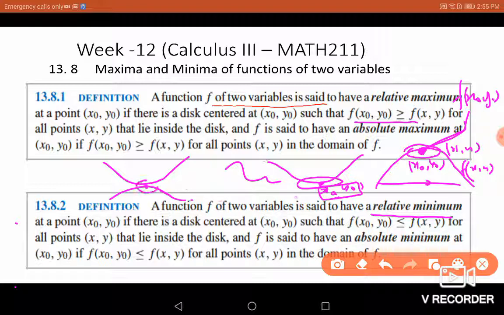When you draw a small circle in the neighborhood, sometimes the function value at this point will be lesser, or sometimes greater. So in this case we will not find any relative maxima or minima. Alright, let's go to the next definition.